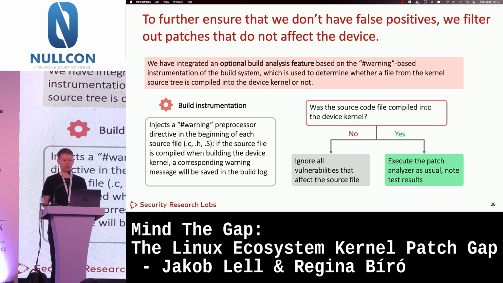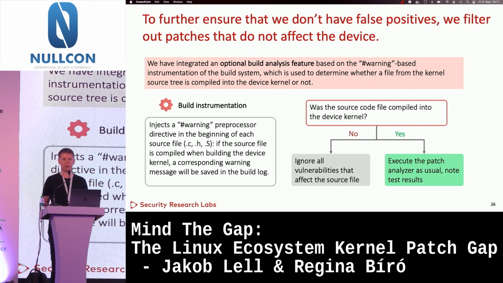And then, after introducing these warning messages, we are running the build system and collecting the build log, which contains thousands of warning messages. And then we can correlate these warning messages with the files. And all the files being used by the build system can be collected, and then we can explicitly exclude patches which only patch files which are not even built for this device. And this helps us filter out some false positives.